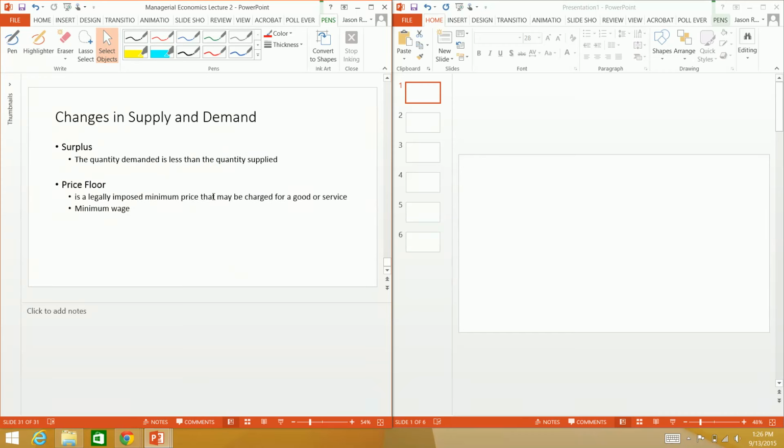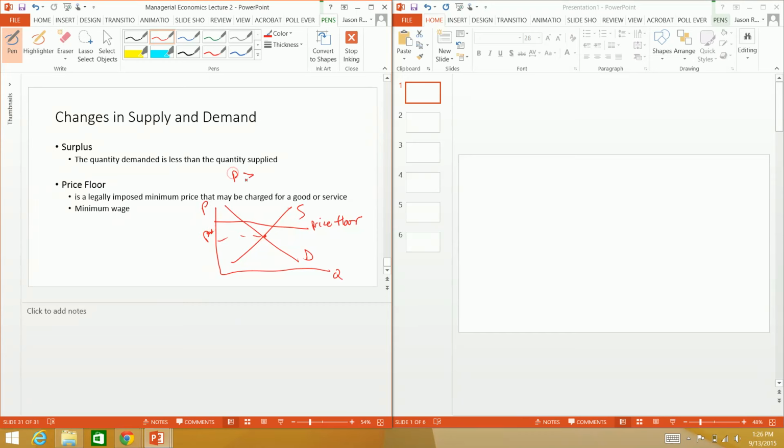A surplus, essentially for us, is just a little bit of the reverse. We now have a price floor. So we have prices and quantity in this market. We have demand and supply. And now what we have is a price floor. This price floor prevents us from getting to this equilibrium price, P star.